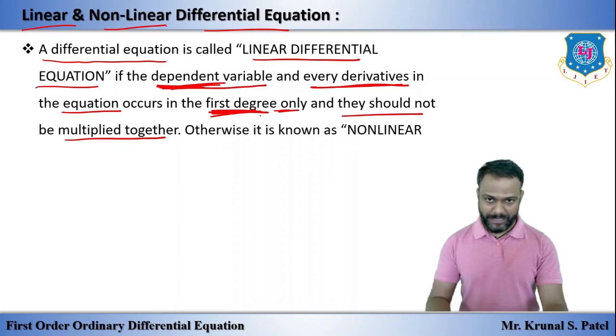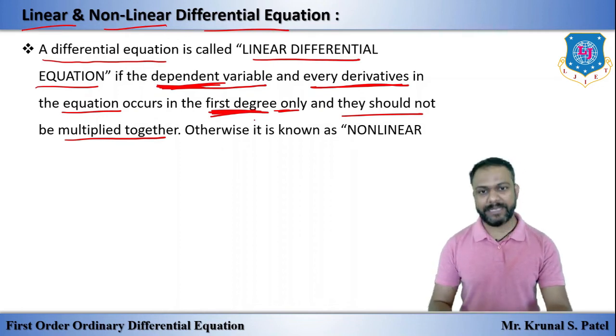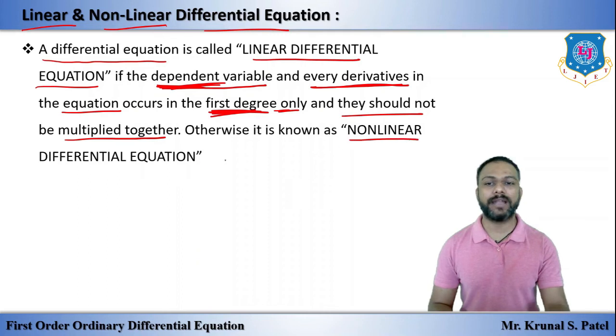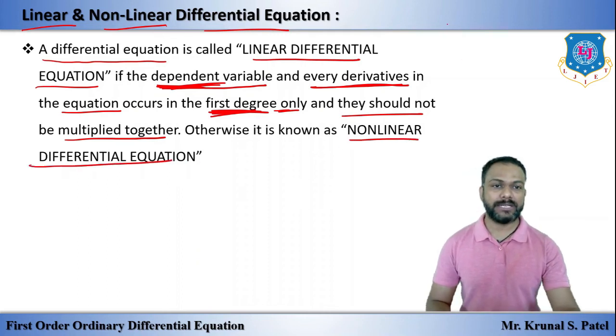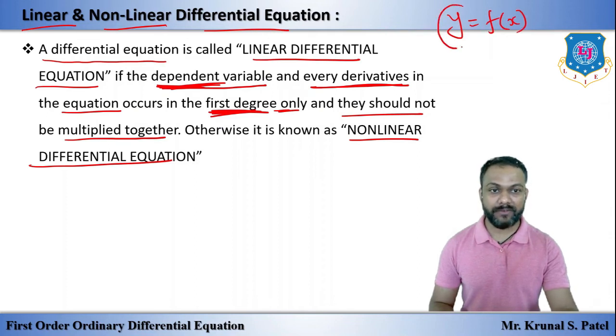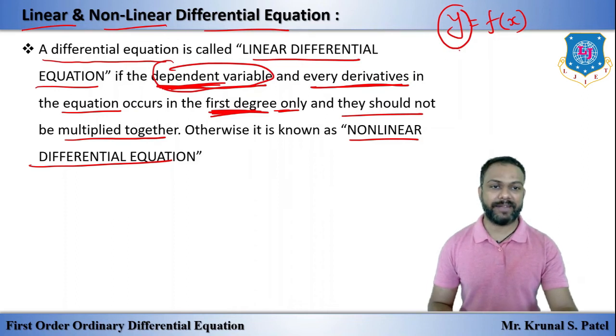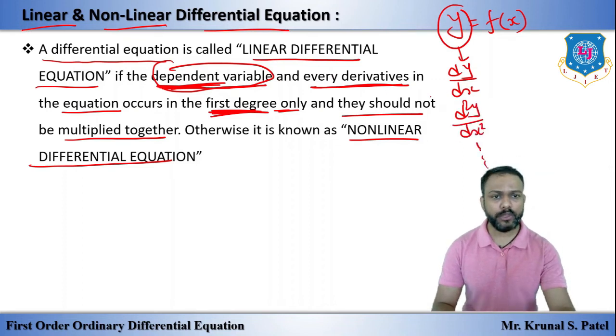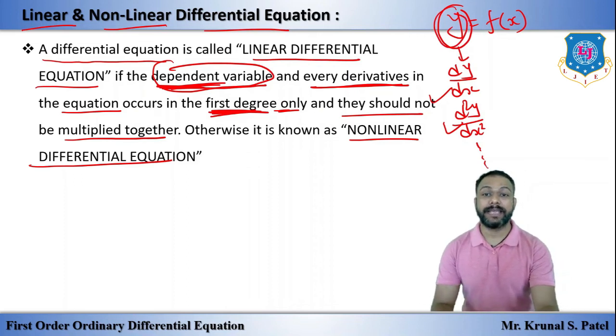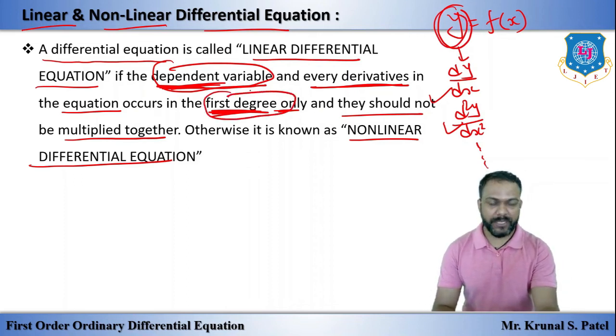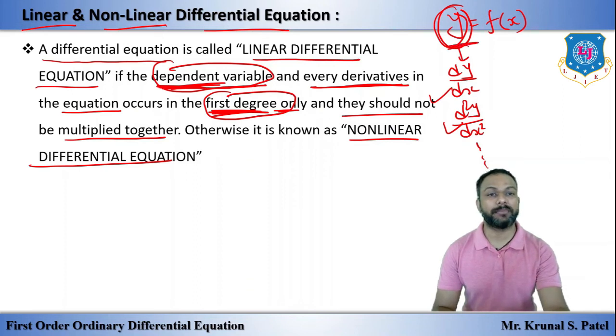If they are multiplied together or they are not in first degree, then we say it is a non-linear differential equation. To understand that, we have y is equal to f of x. This is our dependent variable y, and its derivatives are dy by dx, d square y by dx square, and so on. Every derivative and this dependent variable must be in first degree only and should not be multiplied together.